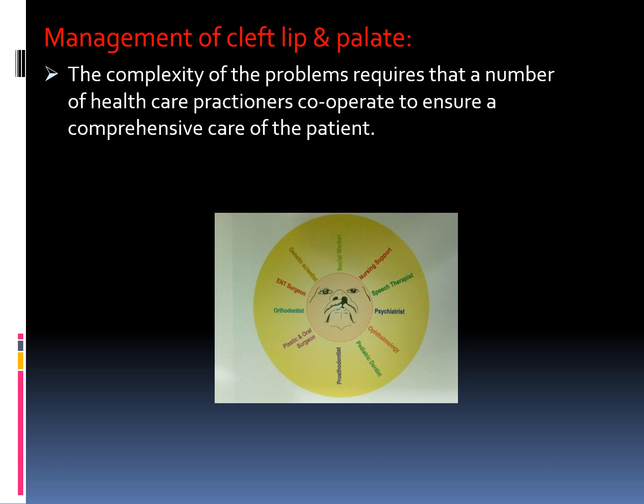It is a multidisciplinary approach, and everybody has to play a part in treating the patient. That's why it's important to diagnose early. The earlier the diagnosis, the more time it gives the doctor to plan, and to decide which departments have to help in treating this patient.